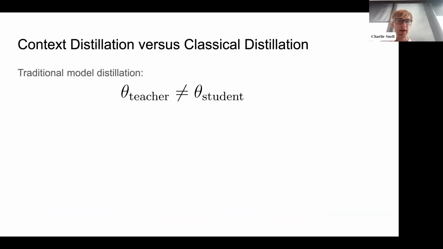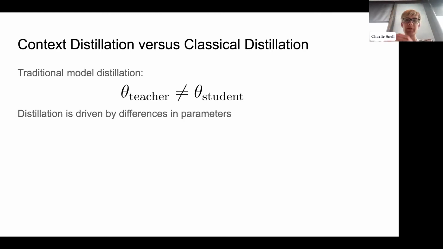Firstly, this word context distillation has distillation in it. There's a traditional notion of what distillation means in machine learning, and context distillation does build on a lot of those ideas, but it's also fairly different in a number of ways. The main way is that in traditional distillation in machine learning, the teacher's parameters are different from the student's parameters at initialization.